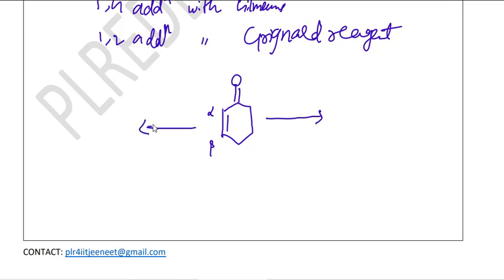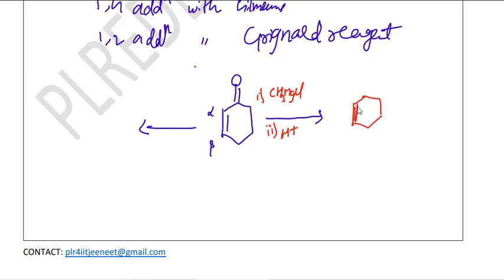Here I am taking methyl magnesium chloride, Grignard reagent. The first step, second step, H plus is there. Only 1,2 addition takes place. That means here this unsaturation is as it is.